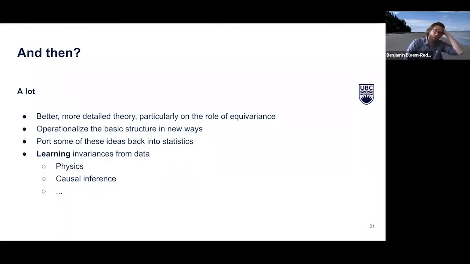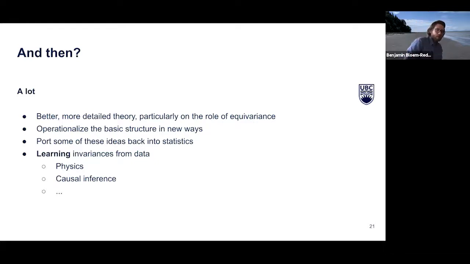And there are a lot of connections to pretty old ideas in statistics that had their heyday in a somewhat classical setting, and I'm interested in seeing if there are ways we can port some of these new advances or new understandings back into statistics.